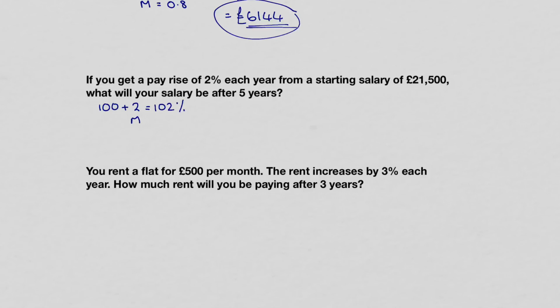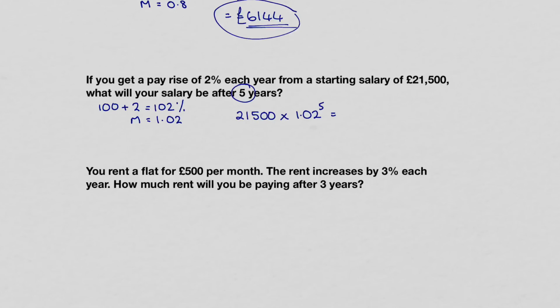Our multiplier is our percentage divided by 100, so it's 1.02. Then our formula is we start off with our original value and we multiply that by the multiplier to the power 5, because this 2% increase is happening year on year for 5 years.